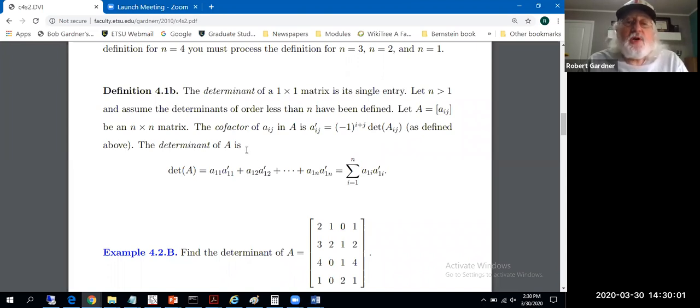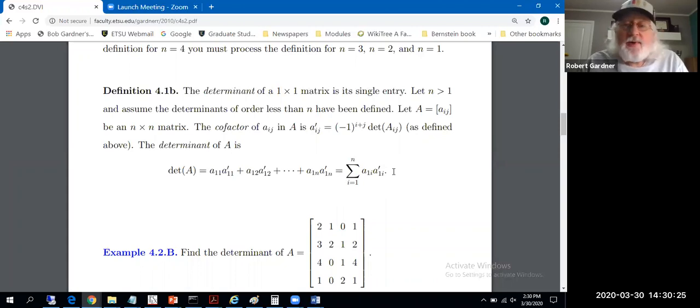Then define the determinant of A as a11 times a11 prime, plus a12 times a12 prime, up to a sub 1n times a sub 1n prime. For fans of sigma notation, that's the sum from i equals 1 to n of a sub 1i times a sub 1i prime.